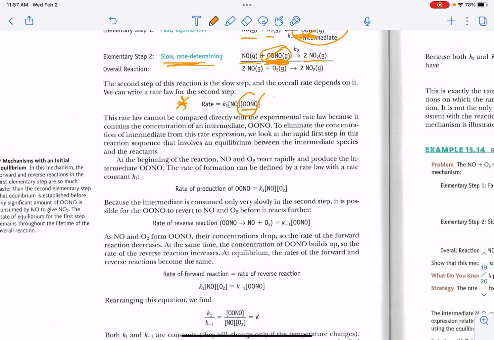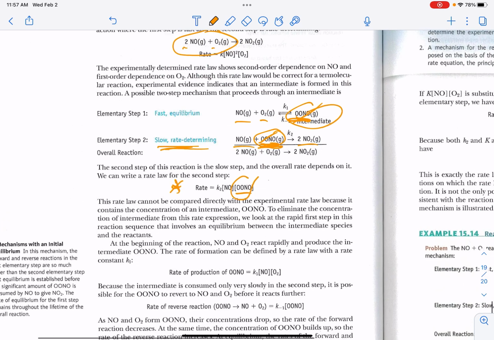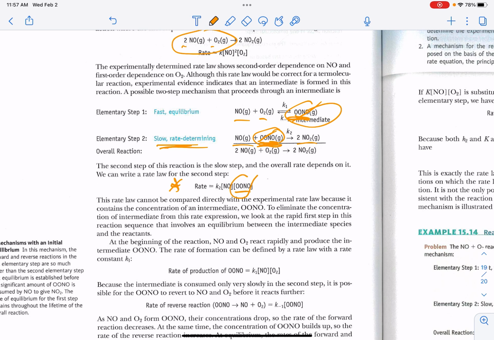the actual reactants. So here's what we do, and this is the tricky part and perhaps the hardest part in the entire chapter, and the one question on the test that is most frequently missed. If we come back up here, this slow step right here causes the first step to get backed up. This fast step is trying to go to the right.